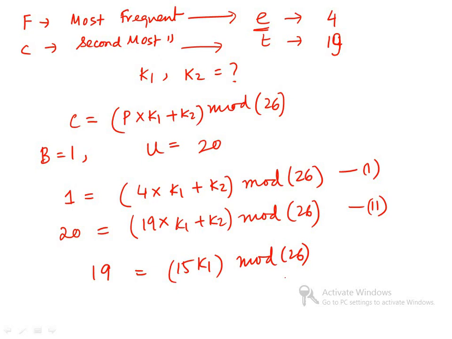So with the trial and error method, we substitute different values of K1 such that this equation holds. Remember that the left hand side, the 19 over here, is nothing but the remainder that you want to have. So whatever the value of K1, by multiplying with 15 and dividing by 26, the resultant remainder will be 19.